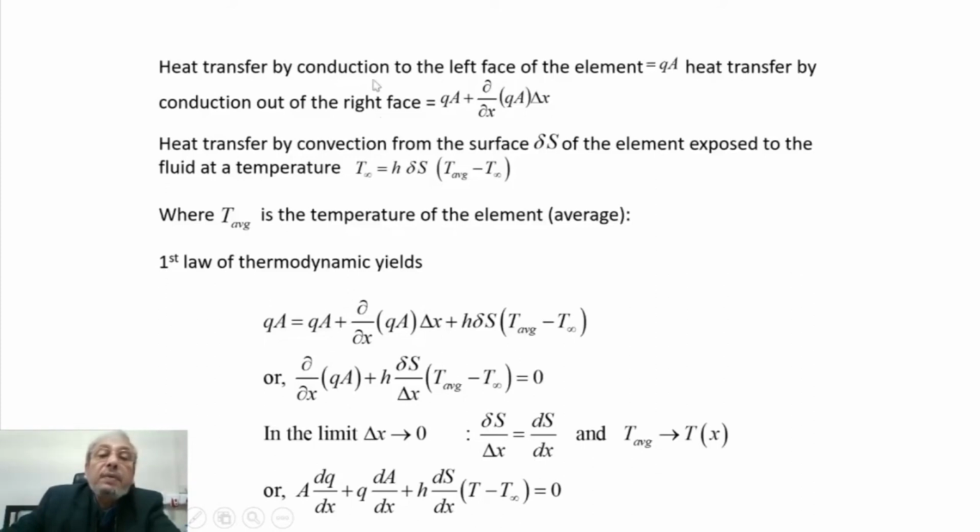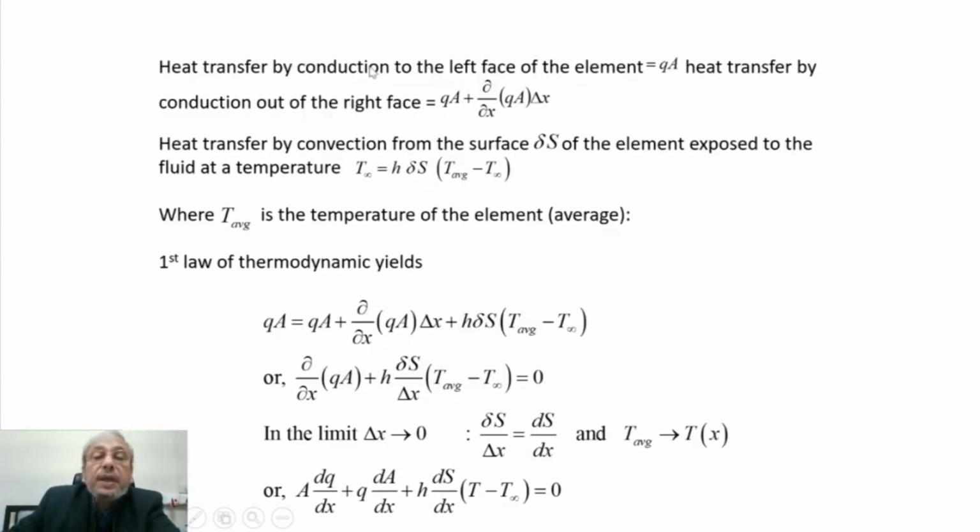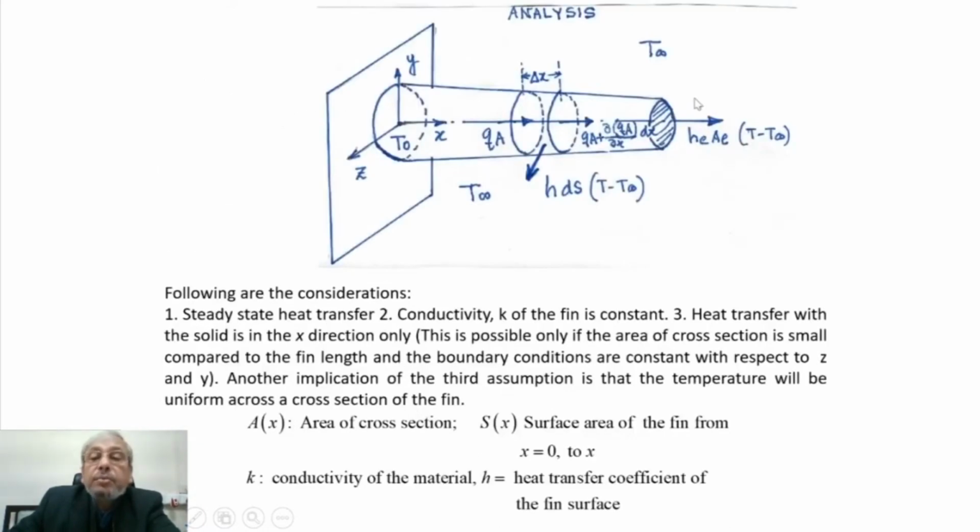Now, heat transfer by conduction to the left face of the element is Q_A, as we have already said, and heat transfer by conduction out of this given control volume of interest is Q_A plus dQ_A/dx times dx.